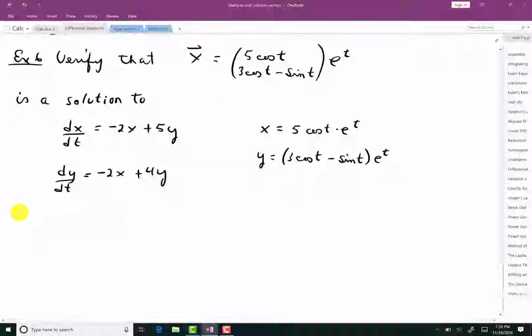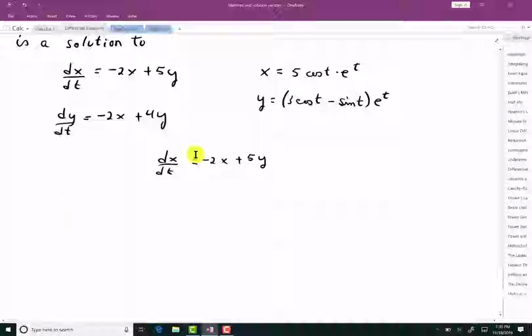And let's see how it works out here. I'll start with taking the derivative and verifying this first equation. So let's start with dx over dt is supposed to equal negative 2x plus 5y. So first, let's take the derivative with respect to t of x. So I'll have to use the product rule.